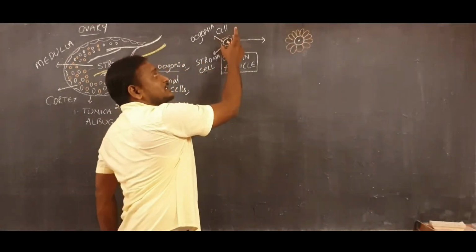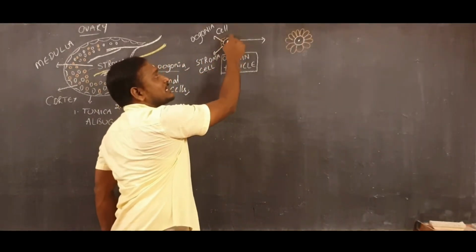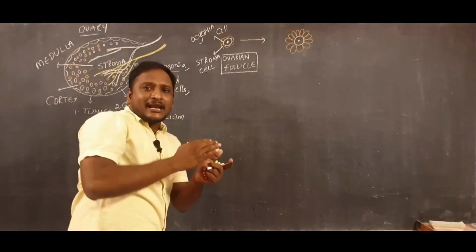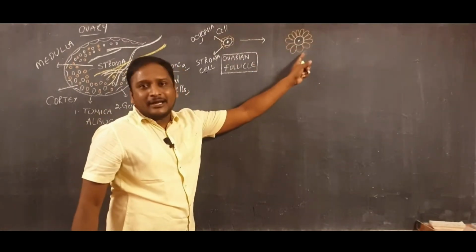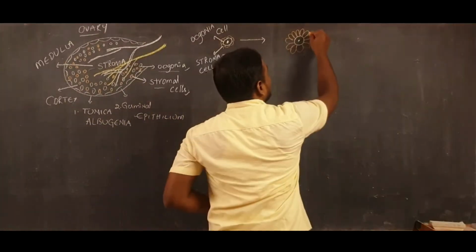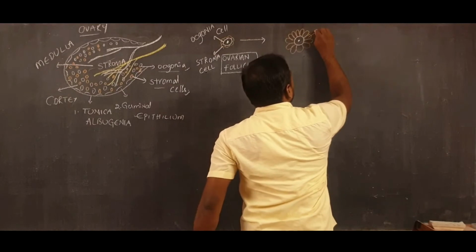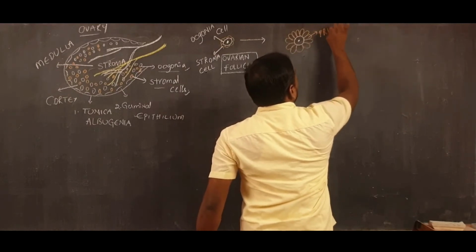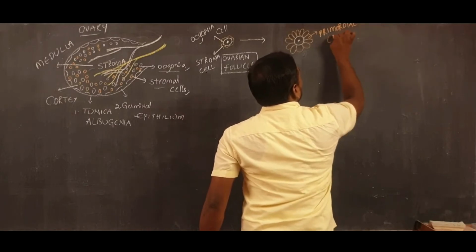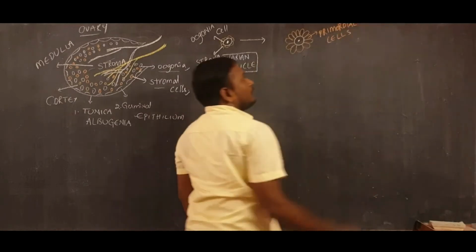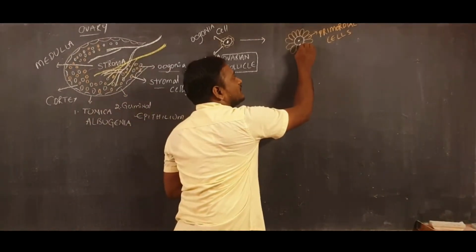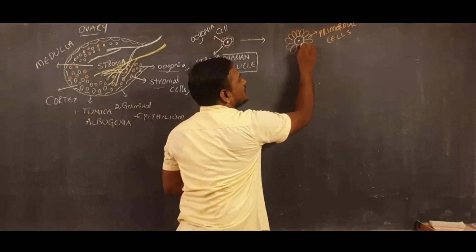Now observe here that the stroma cell size is small. But when we observe the stroma cells, they are elongated in nature. These elongated stroma cells are now called primordial cells. Here again is the same oogonia cell.